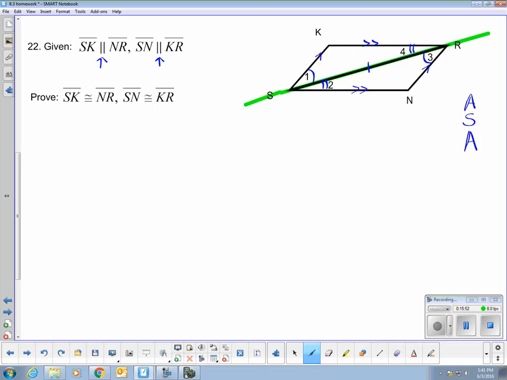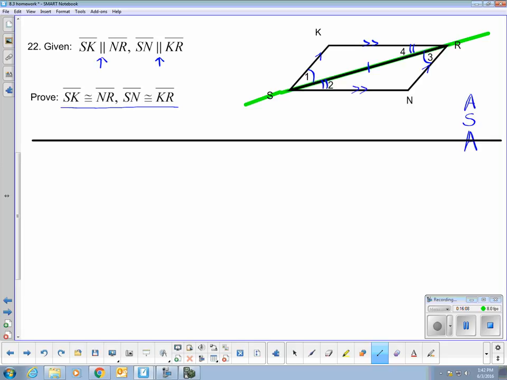So if we are trying to prove that these parts are congruent, the first thing we need to do is to prove that the two triangles are congruent. So let's start with the given.